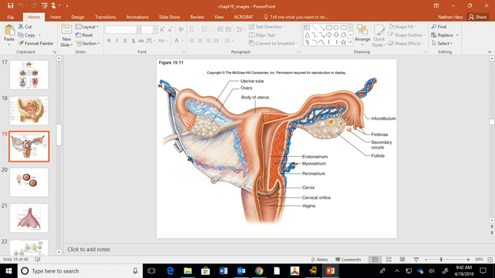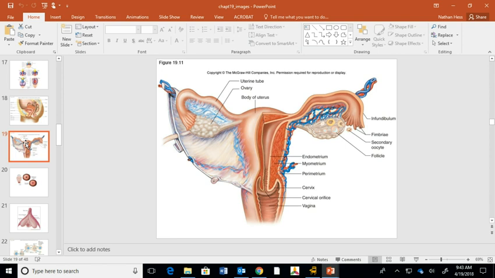On the left here, it looks like they're attached, like a head of cauliflower or something, but they're actually not. There's open space there. And so you need these little fimbriae, little fingers, to kind of grab and gently pull the egg into that infundibulum, which is like the funnel. That's literally what it means. Down into that uterine tube.